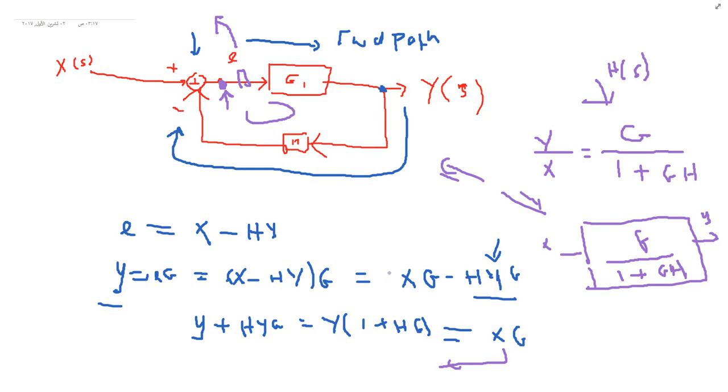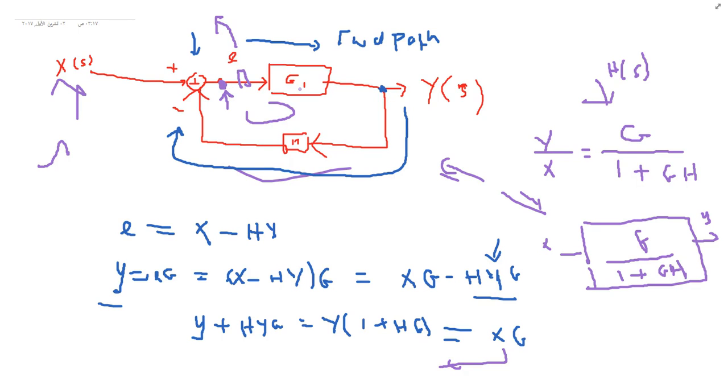The feedback rejects error, and if something happened here that increases the output, then when this comes back, it subtracts the increase and reduces the error.